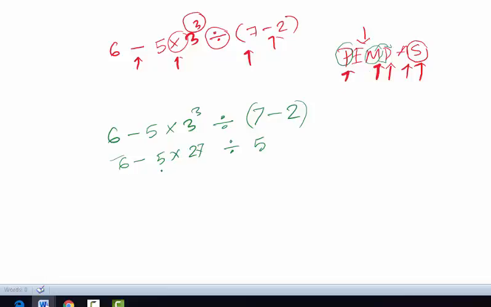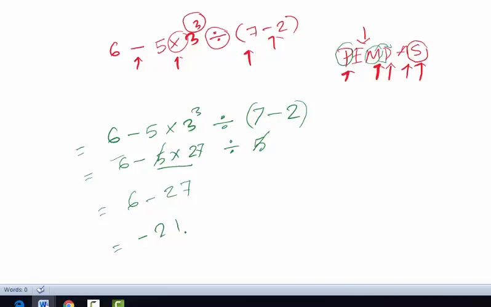Now we have 5 times 27 divided by 5. Since multiplication and division have the same priority, we can cancel the two 5s, and that leaves us 6 minus 27, and the subtraction comes at the end, so we have negative 21. That's the result.